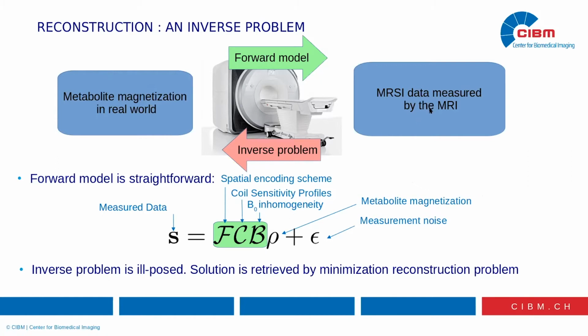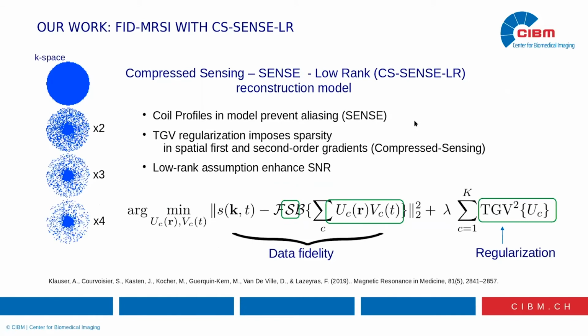This is less straightforward. Generally, the problem is ill-posed, and we cannot just reconstruct the metabolite distribution with a single-step operator. The solution requires an optimization to minimize our reconstruction problem. In our case, we have chosen a specific model that was developed with Jeff Kasten and Dimitri Van De Ville.